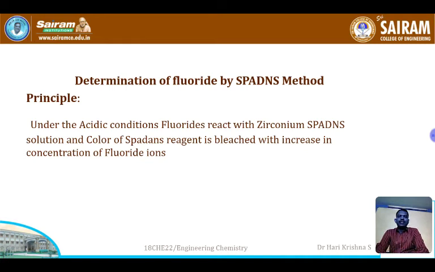The color changes with increase in the concentration of fluoride ions. As the concentration of the fluoride ion increases, the intensity of the color bleached in the SPADNS reagent also increases. They are directly proportional to each other.